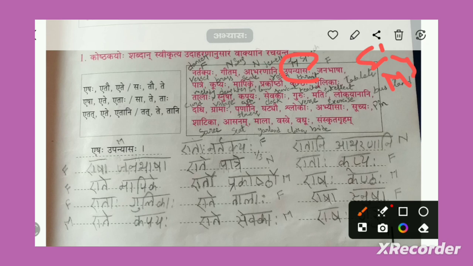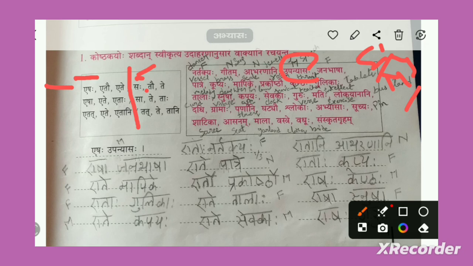Yeshaha means this, Saha means that. Right hand side or left hand side, anything you can pick. But you need to pick male gender singular. Yeshaha is the male gender singular of this. Saha is the male gender singular of that. So you can write Yeshaha Upanyasaha or Saha Upanyasaha. That's it. So you got the sentence.